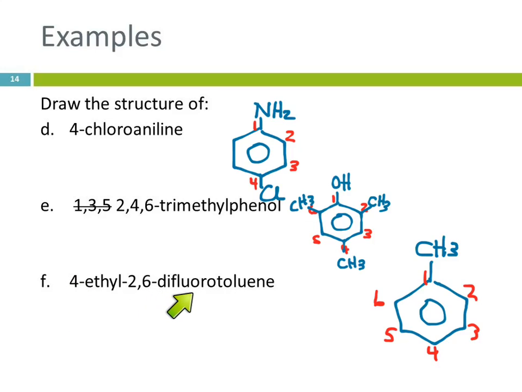Ethyl and difluoro. This numerical prefix doesn't count when you're alphabetizing. So we're just looking at fluoro. So ethyl and fluoro comes next. We don't have difluoro before the ethyl. So ethyl is on carbon number 4. CH2, CH3, and then we have fluorines on 2 and 6. Any questions?